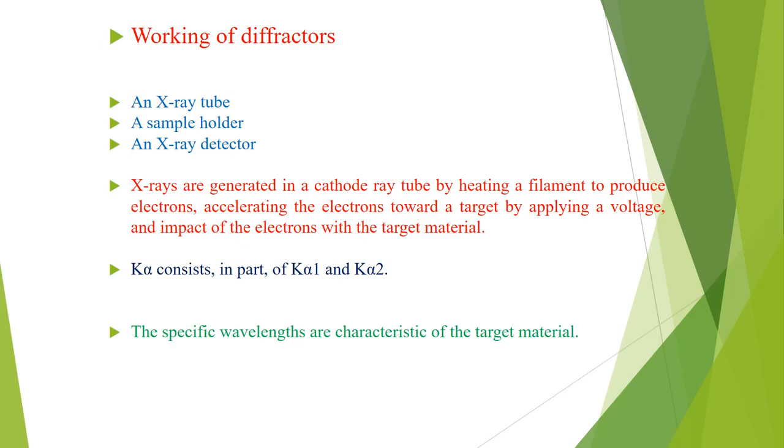The difference is that K alpha 1 has a slightly shorter wavelength and twice the intensity of K alpha 2. The specific wavelengths are characteristic of the target material.